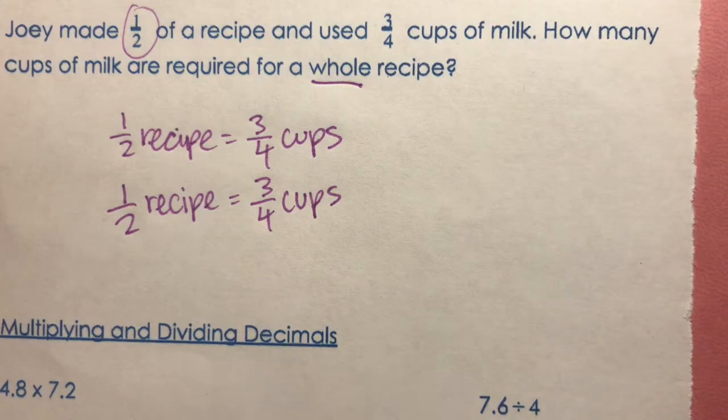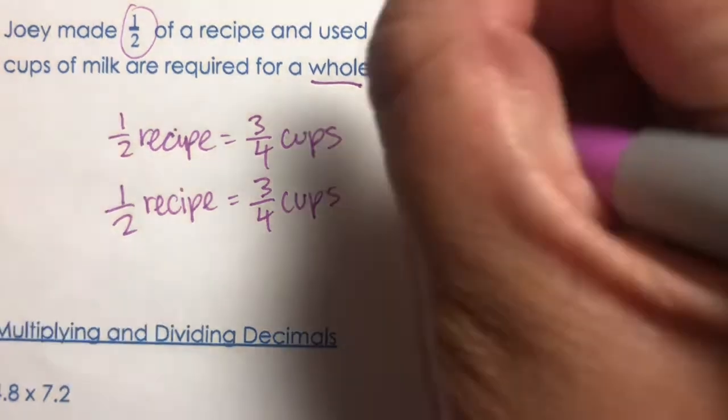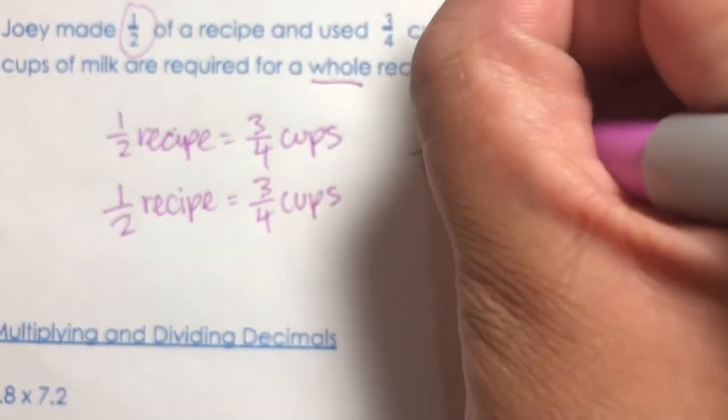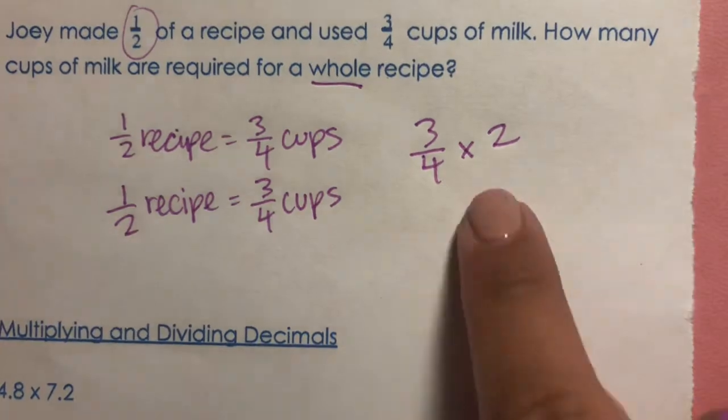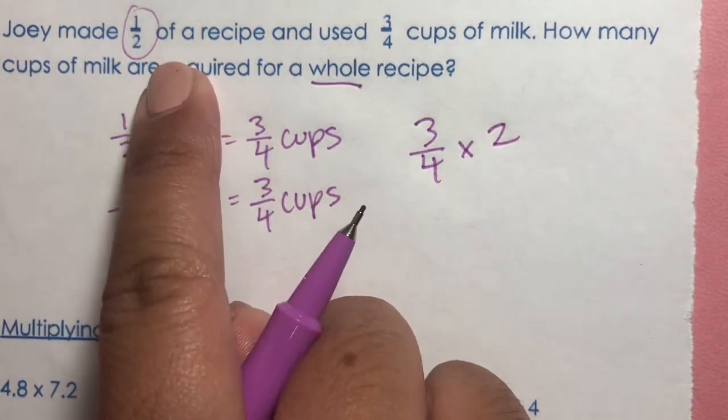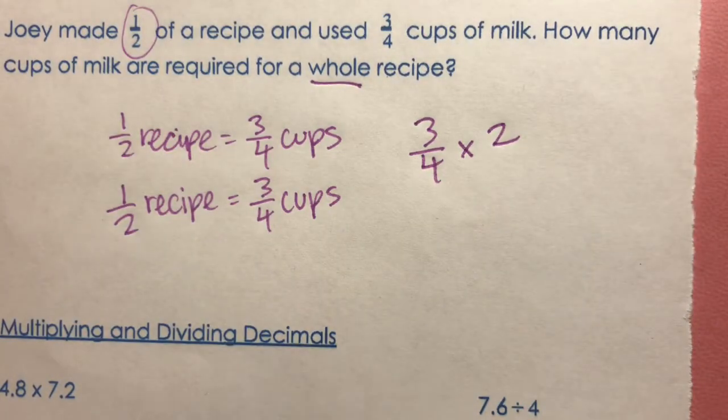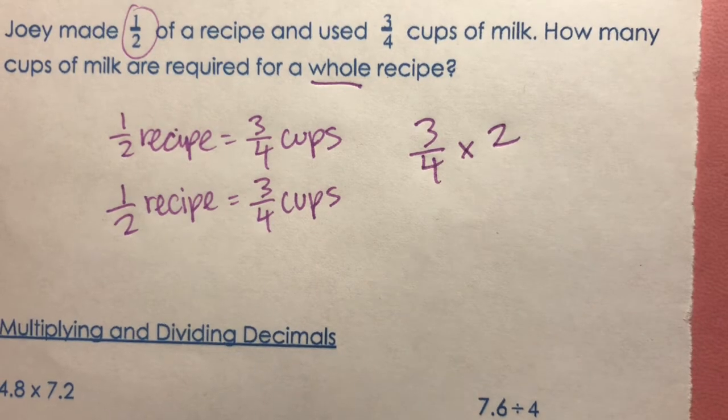Meaning, we're not going to be dividing 3/4 by 1/2, we're actually going to be multiplying 3/4 times 2. Because remember, when I say half, that means that you are dividing something into 2 parts. Those 2 parts make up that one whole.